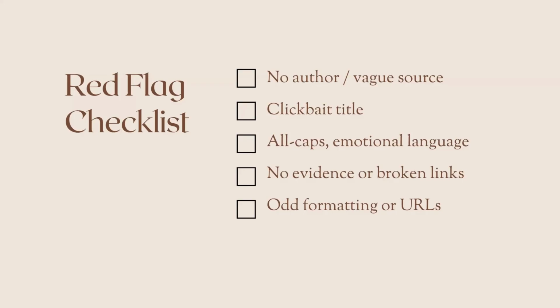And then next, clickbait titles. These are titles that are designed to really grab your attention, if they have immediacy or something super shocking, and there can be an intention to grab your attention rather than inform.